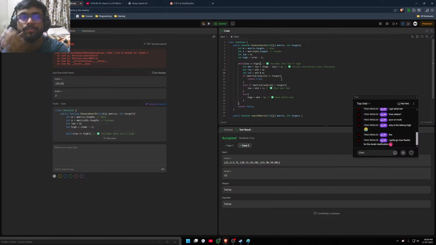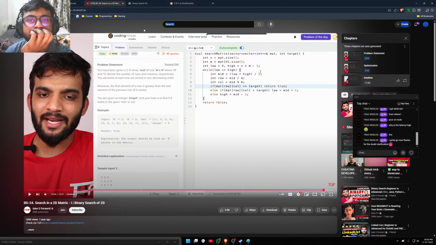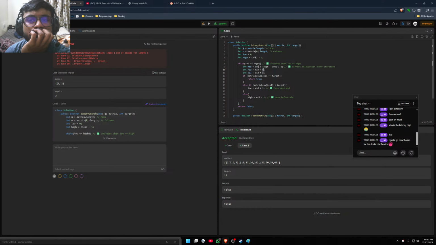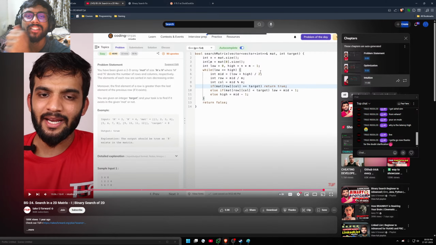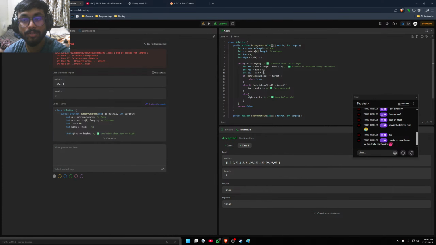What's the error again? Same error. This matrices M and N always confuse me, dude. So what happened here is he's taking the rows as N and the columns as M, so he's calculating with the columns.